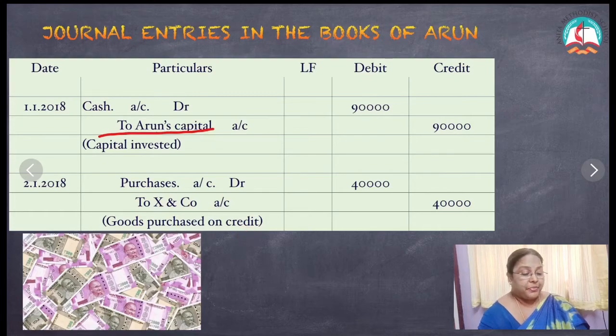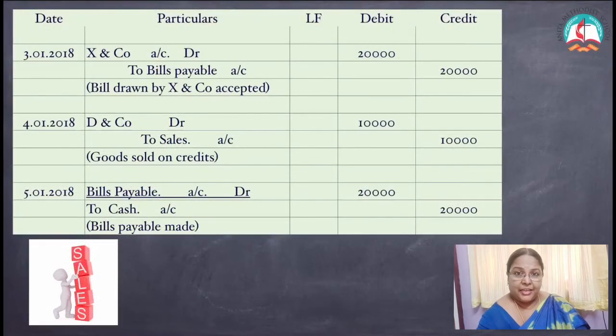Next one. You purchase from X and Co. Now they are giving you a bill. The trader is accepting the bill. When he accepts the bill, X and Co account debtor to bills payable account. Now you purchase for 40,000, but the bills payable is only for 20,000.